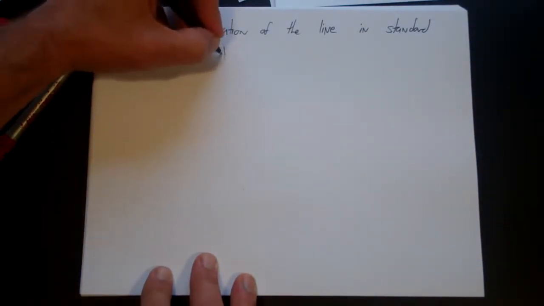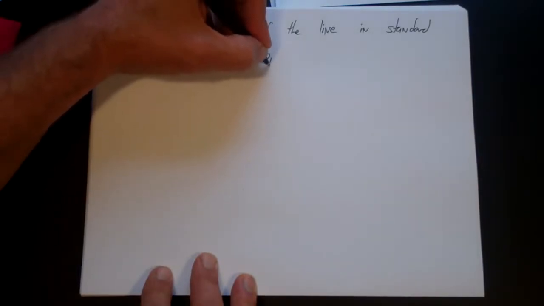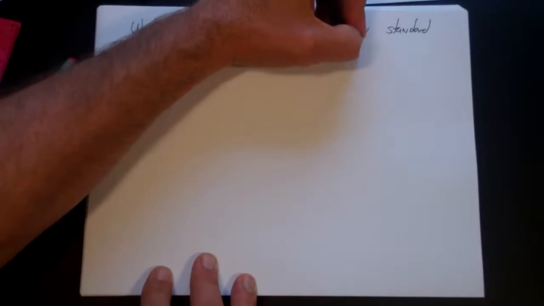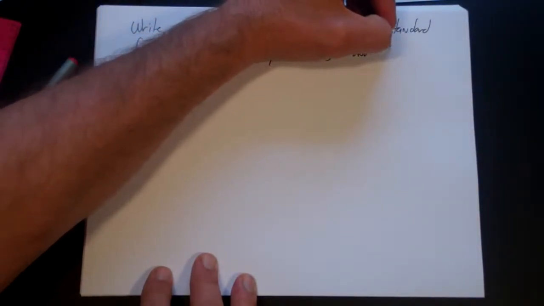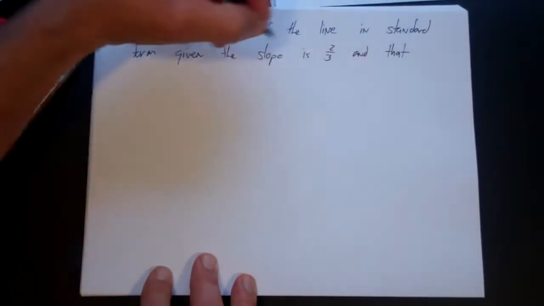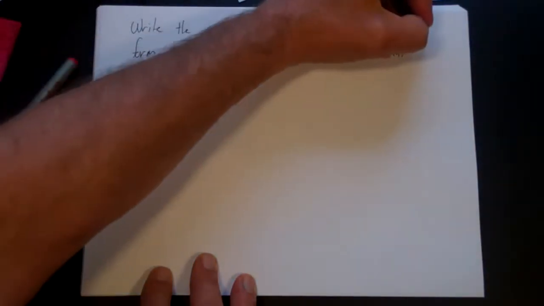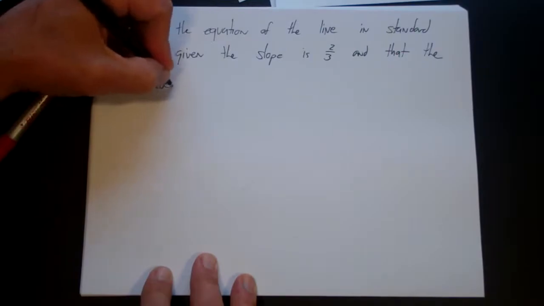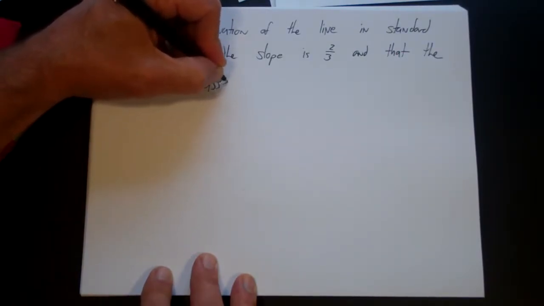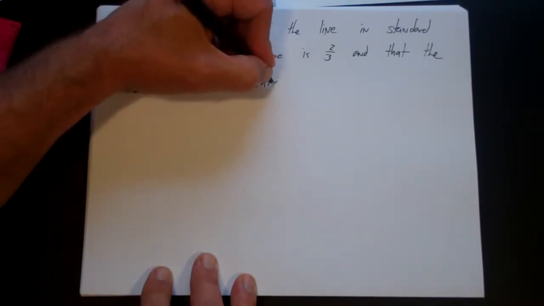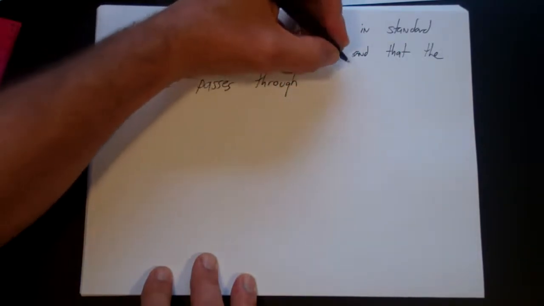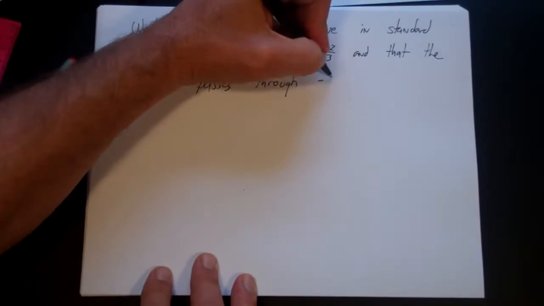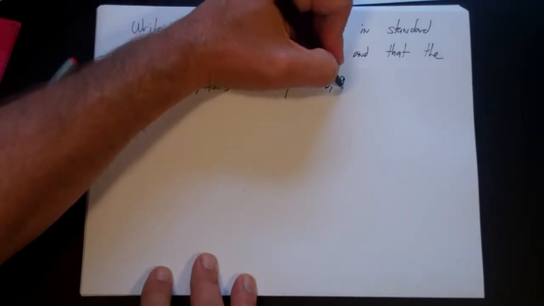Given the slope is 2/3, and the line passes through minus 6, 9.